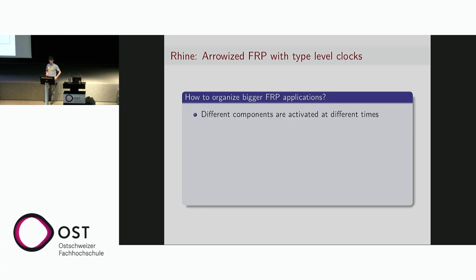Okay, and what is this Rhine thing now? The idea how we came to that is we ended up writing FRP applications always as big monoliths somehow. And so it was really hard to pull things apart, and especially if you have several components that run at different times, or at different clock rates, I should actually say, it's really hard to organize that well.